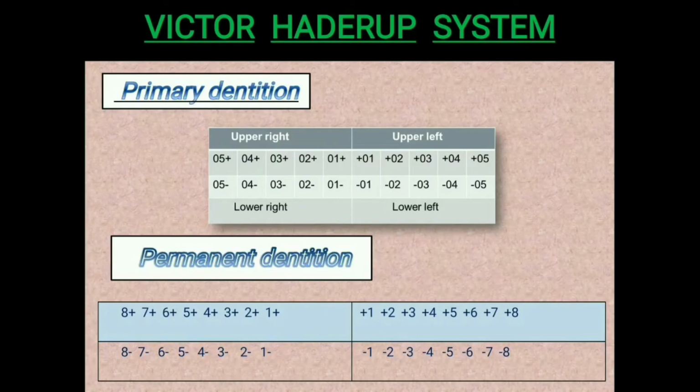Plus sign for the maxillary arch and minus sign for the mandibular arch. If plus is present on the right side, then it is showing right quadrant, and if it is on the left side, then it is showing left quadrant. It is same for the permanent dentition also.